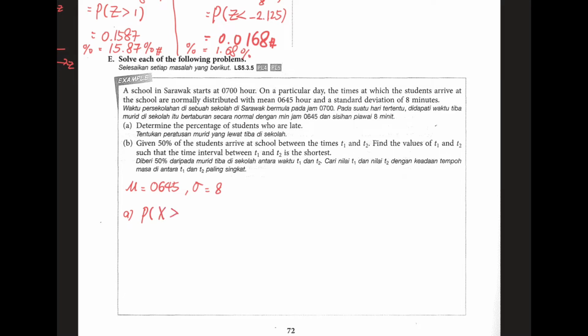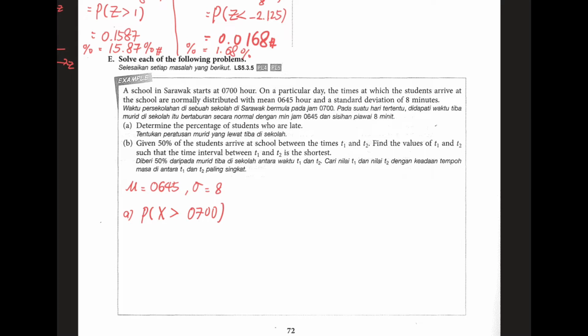If you are late, that means your time is more than 7 o'clock, because the school time is 7 o'clock.